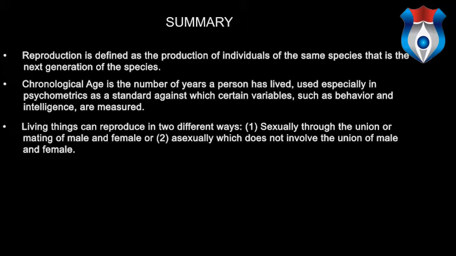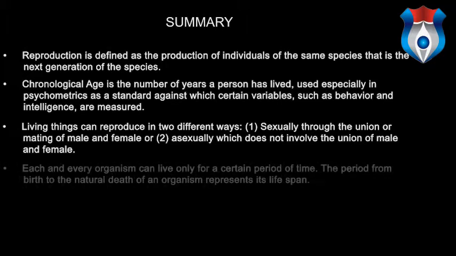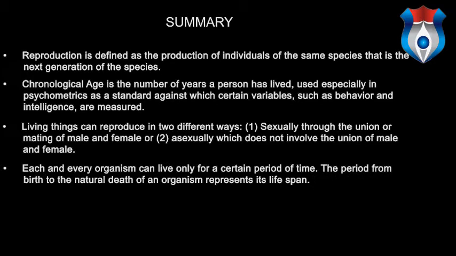Living things can reproduce in two different ways. One, sexually, through the union or mating of male and female, or two, asexually, which does not involve the union of male and female. Each and every organism can live only for a certain period of time. The period from birth to the natural death of an organism represents its lifespan.